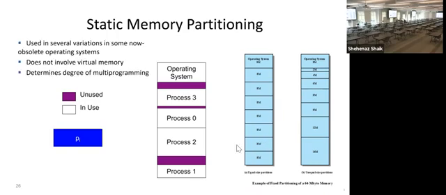Okay, and we have discussed this one, and we have also seen that the number of partitions that are created determines the degree of multiprogramming of a system. In other words, whatever number of partitions we create during the system setup time specifies the maximum number of processes that can be simultaneously active in the system at any point in time.